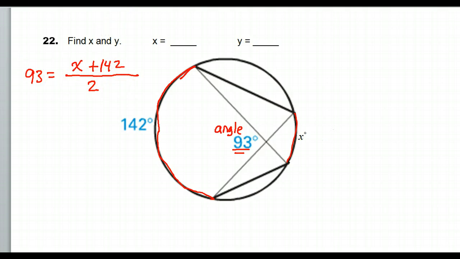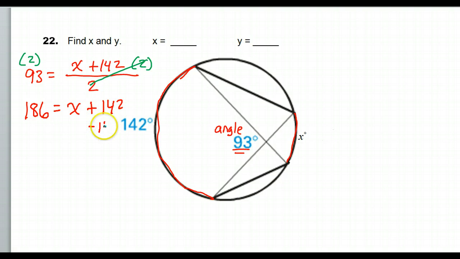To solve this, we multiply both sides by 2, so those will cancel each other out. That gives us 186 is equal to x plus 142. Time to subtract 142 from both sides. That gives us x equals 44.